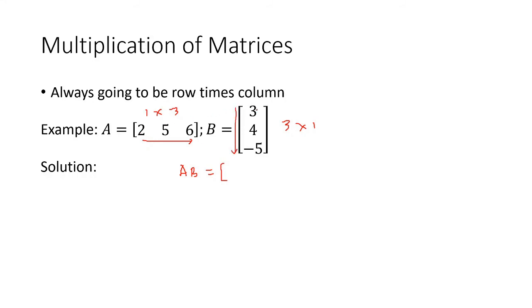So 2 times 3, then plus 5 times 4, then plus 6 times negative 5.